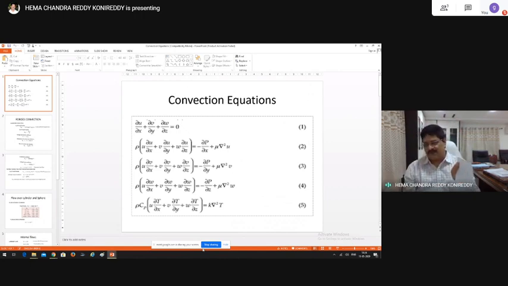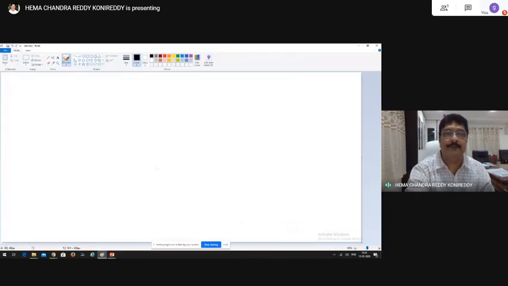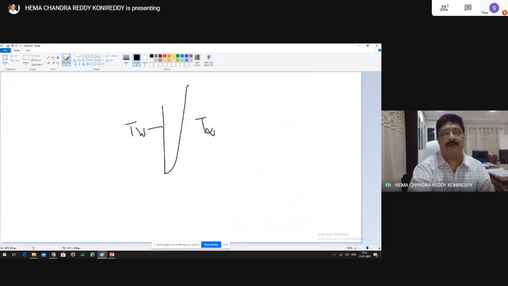I have drawn both these figures. Okay, very quickly. I don't know what confused you. This is for a hot plate in a colder environment, colder fluid.